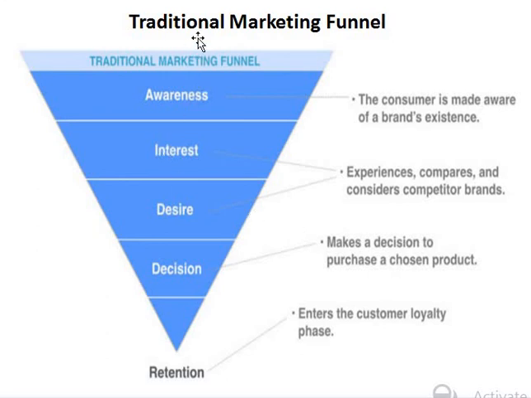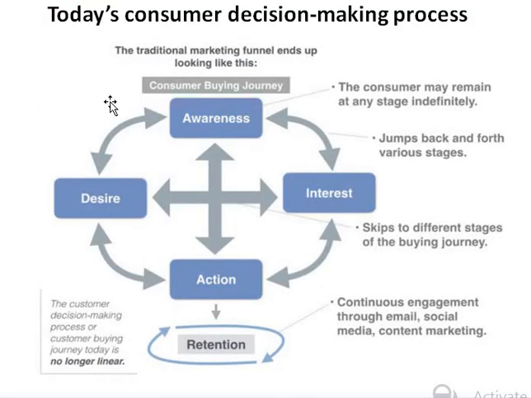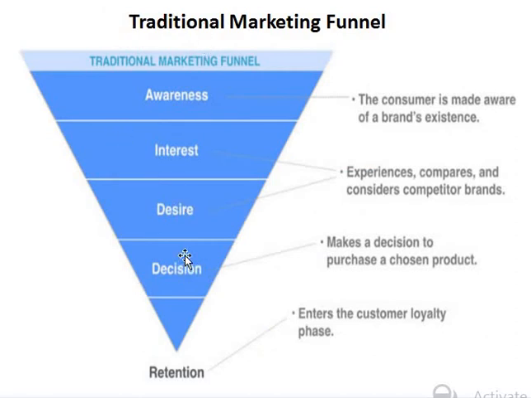This is basically the traditional marketing funnel, how a purchaser goes through in taking a decision, right? We will discuss today's communication and marketing funnel, how it has changed, today's consumer decision making process, because here the decision making process is linear. We have some awareness about the product.